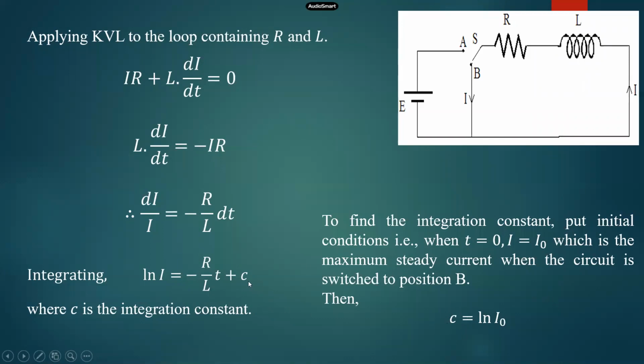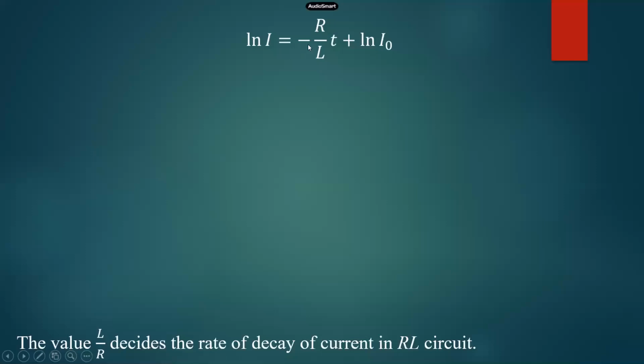So substitute for C and simplify it further. You will get ln of I is equal to minus R by L into t plus ln of I naught. So you put the value of C as ln of I naught and collect the terms containing ln of I naught on one side.